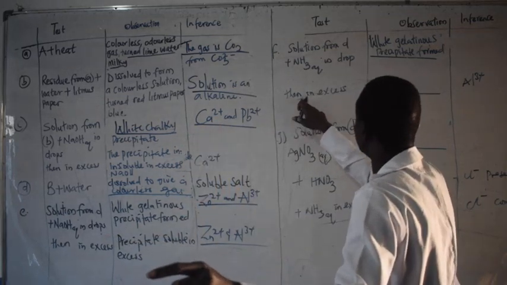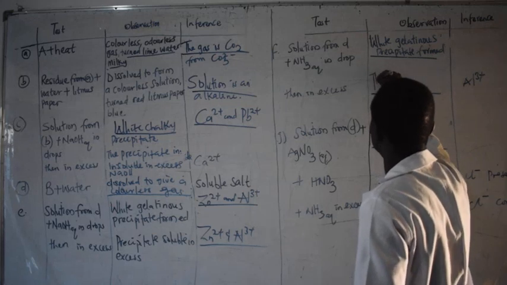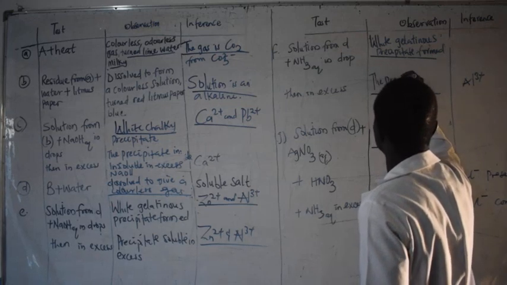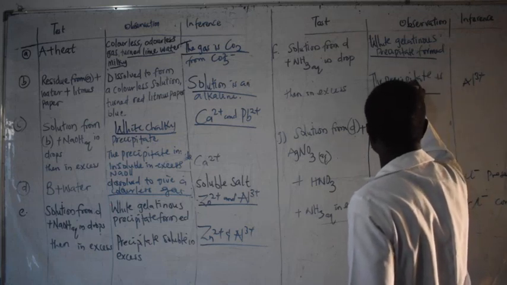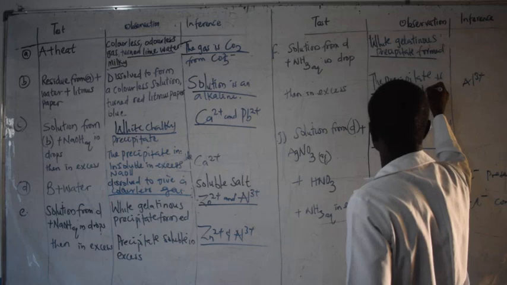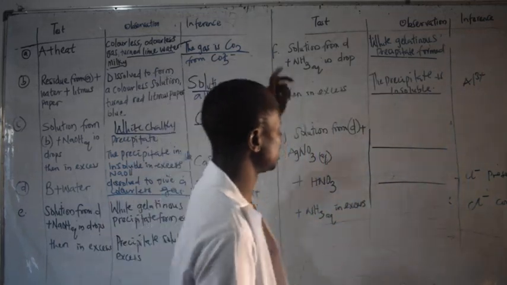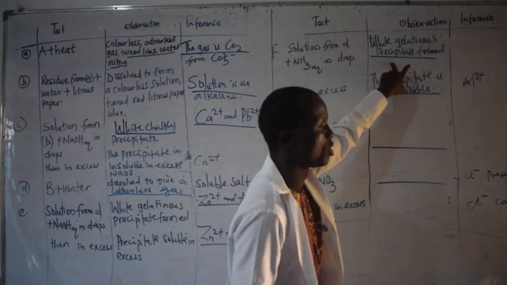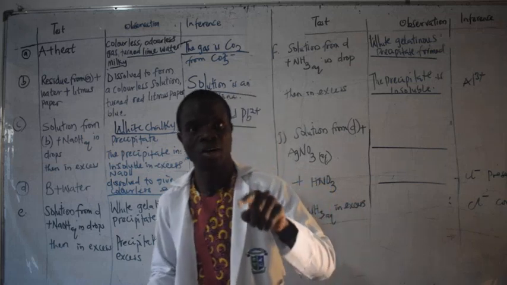Now when we add it in excess, the precipitate is insoluble in excess ammonia. If it is zinc, the white gelatinous precipitate will dissolve. So that is a confirmatory test to tell whether it is zinc or aluminium.